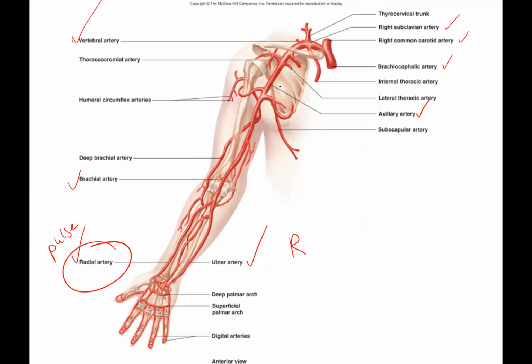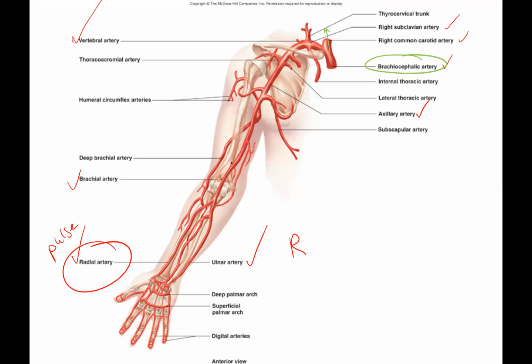Okay, so now we're going to go down the arm. So you have that brachiocephalic, the first branch off of the aortic arch. Okay, that up part is the right common carotid. Okay, now we're going to do the arm supply.